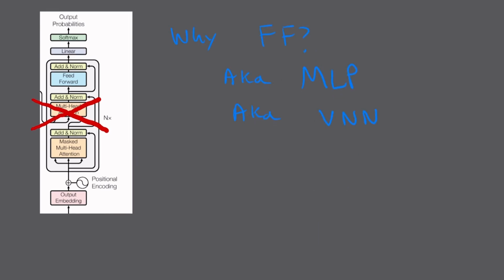So what's the whole point of this feed forward component of the neural network? Well, this is also called a multi-layer perceptron. Multi-layer because we're going to have multiple linear layers and then non-linearities. That's maybe the perceptron part of this term, if you want to think of it that way. It's also called a vanilla or just a standard neural network.